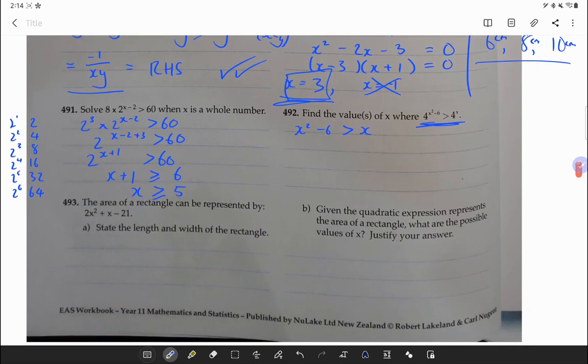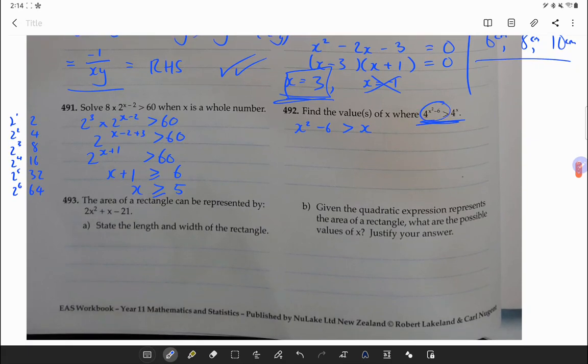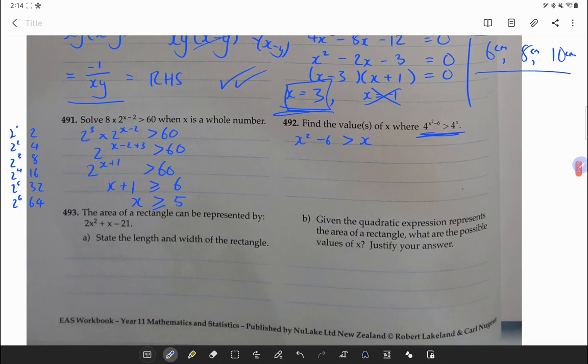We're ignoring the base and we're just working with the exponents. The exponent of this number, because the base is the same, has to be larger than the exponent in this number, which is the x, for this whole thing to be larger. Cool. Which is why we get this. So we're skipping the 4.